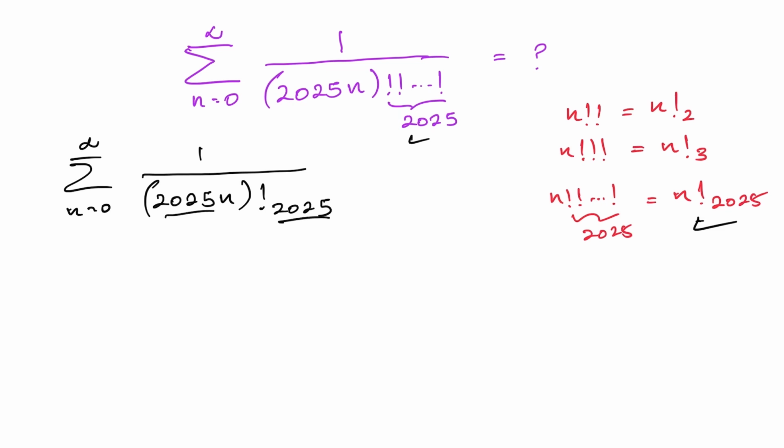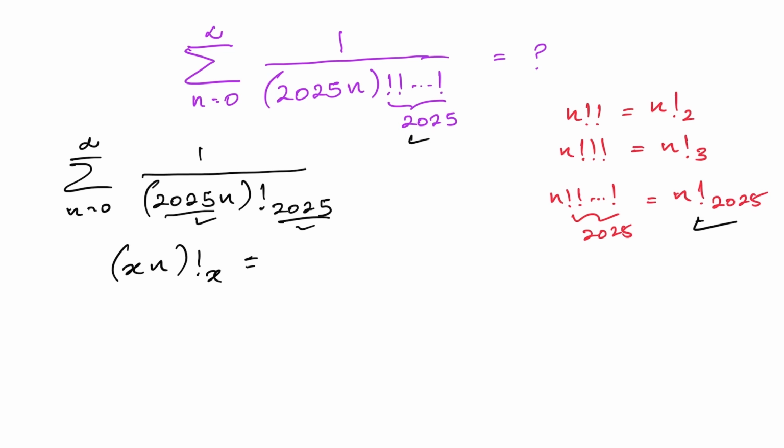So I'm going to take a general term: x n factorial, here factorial x times. Now I'm going to expand this.